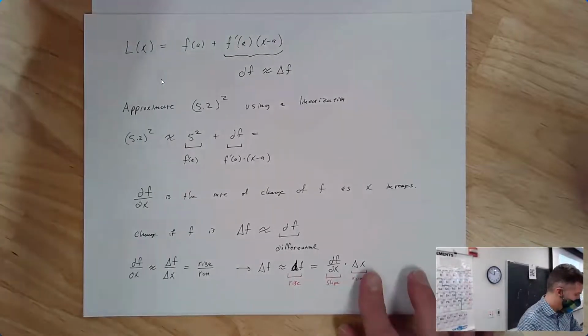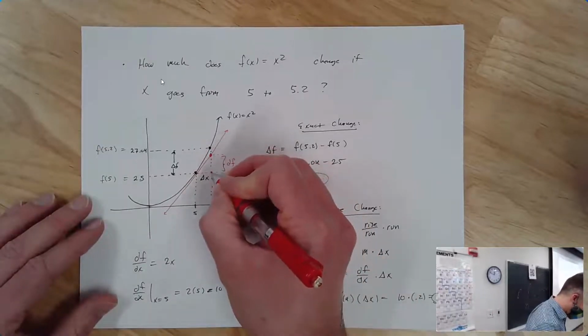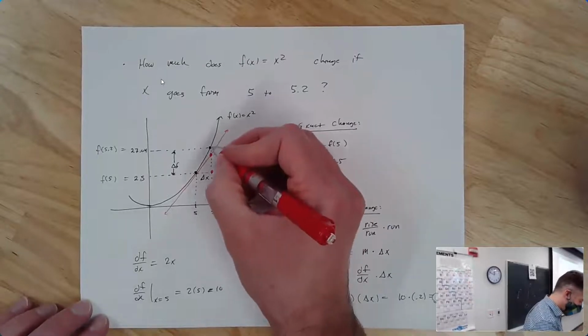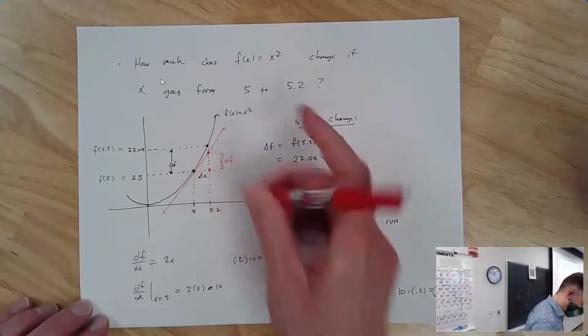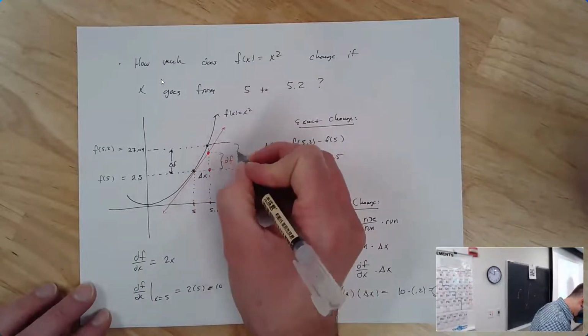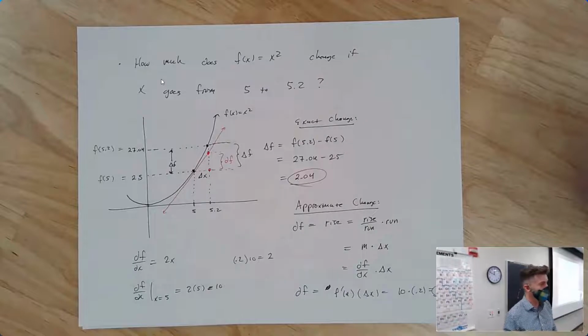And again, I would keep this picture in mind. This is your approximation of this actual difference here. It's a little noticeable, but it's still a good approximation.